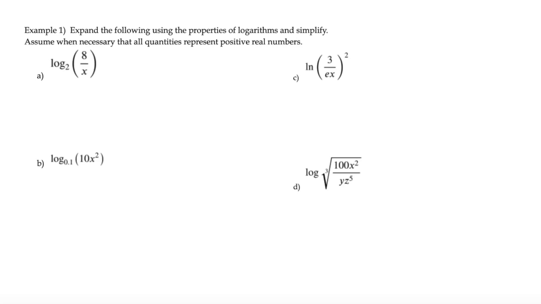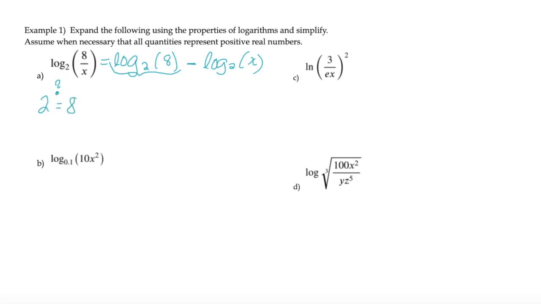I am dividing, which means that I can subtract the two logarithms. This would be the same as saying log base 2 of 8 minus, since we're dividing, log base 2 of x. We can simplify log base 2 of 8, right? We did that in our lesson from yesterday. I'm going to ask, 2 to what power gives me 8?